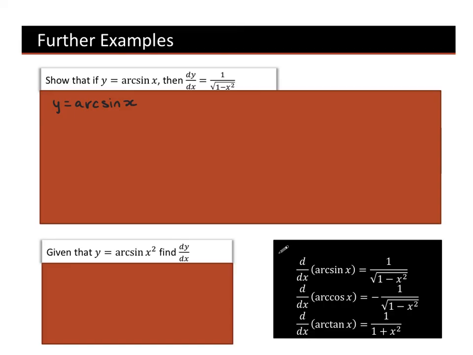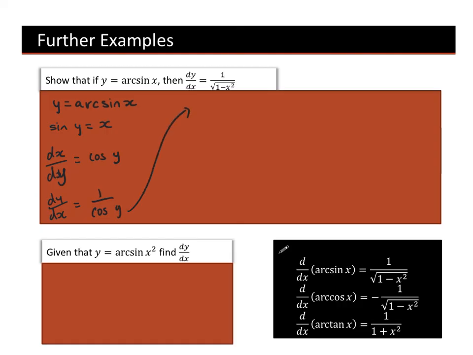We've got to sine both sides, haven't we? Okay? So that means if I sine both sides, I'm going to get sine of y equals x. Now I need to do dx dy. So we're going to differentiate sine y, which is cos y. 1 over this is dy by dx, which is 1 over cos y.